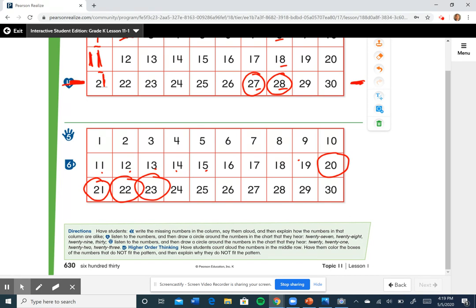The pattern I hear is the teen at the end. Actually, I don't want to talk about this. This is too confusing to say over the computer, so we're going to skip number 6. Skipping 6. Whoop.